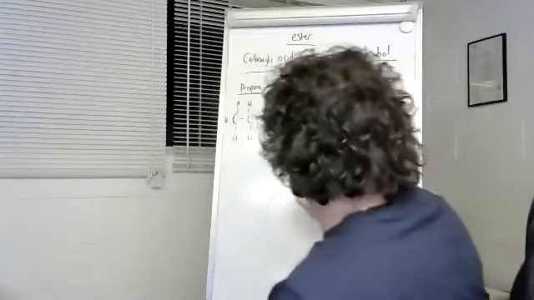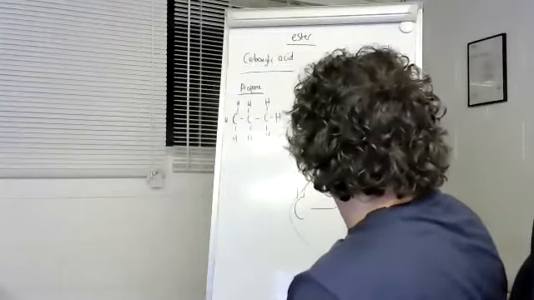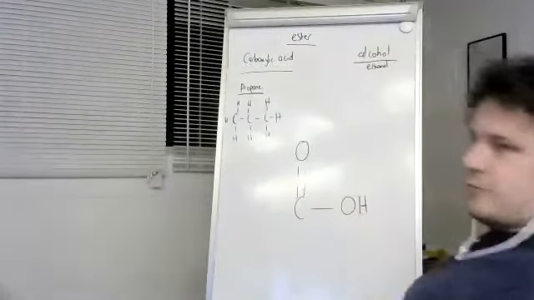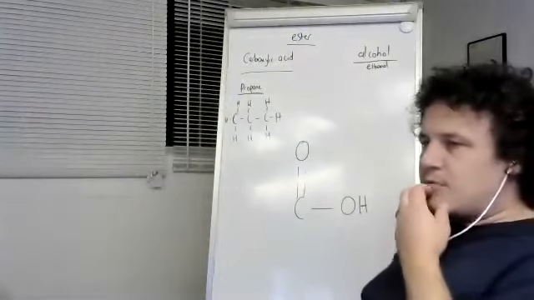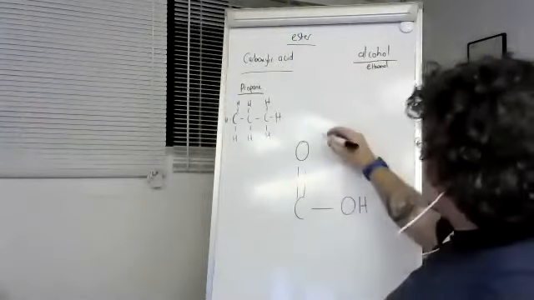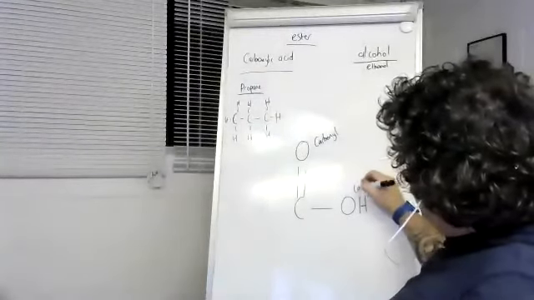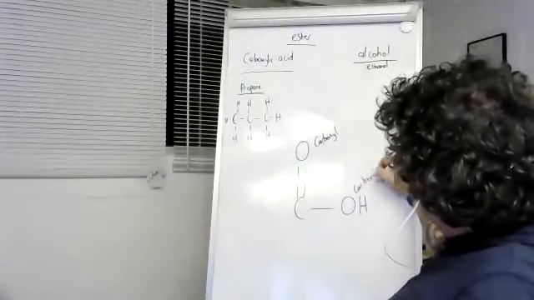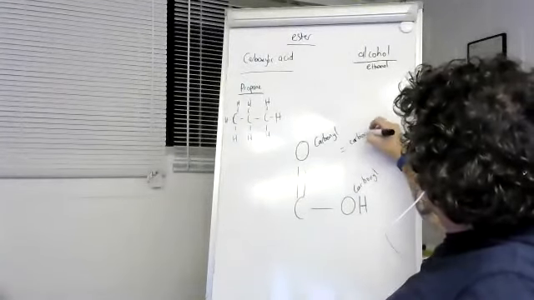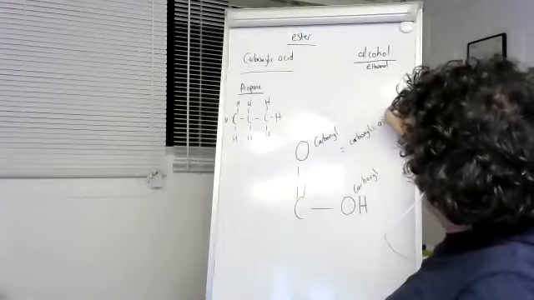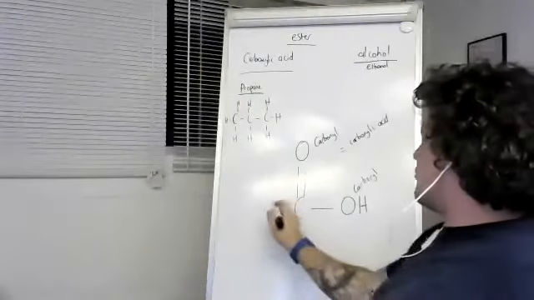And if we remember, the carboxylic acid functional group is, we need to create an alcohol group or a hydroxyl group and a carbonyl. Let's get some terminology happening. So that's what a carboxylic acid functional group is.